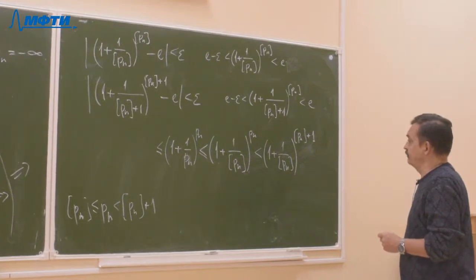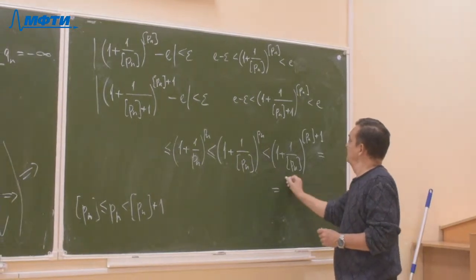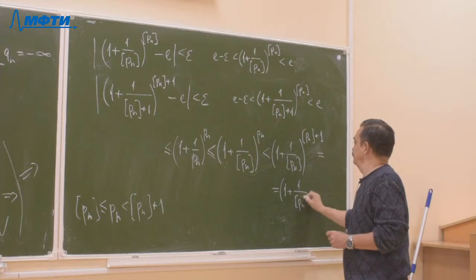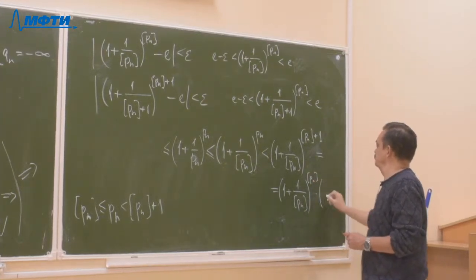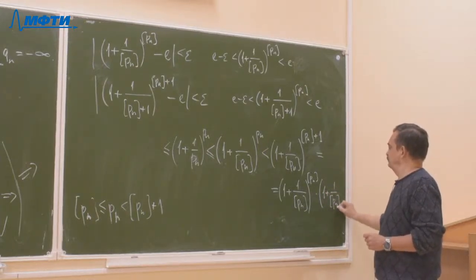Okay? Yeah, that is 1 plus 1 over integer part of Pn to the power integer part of Pn times 1 plus 1 over integer part of Pn.